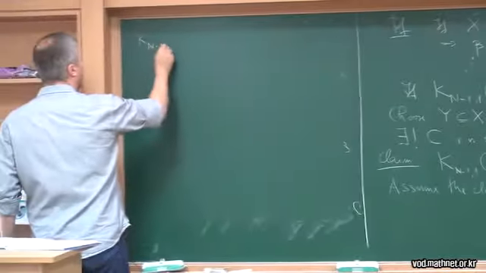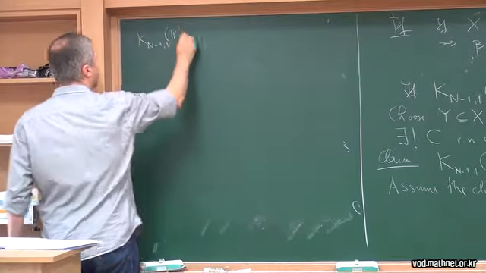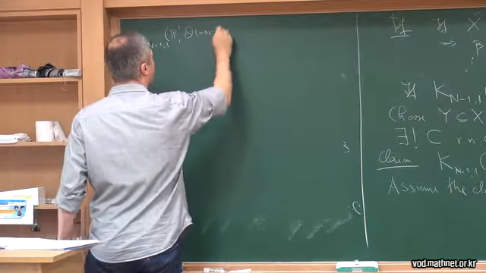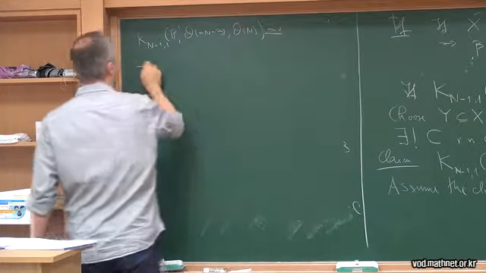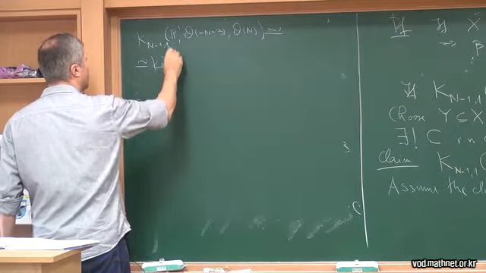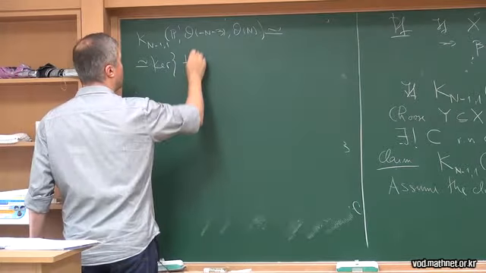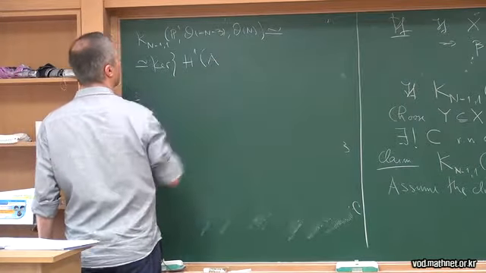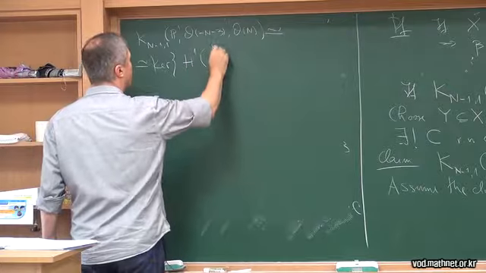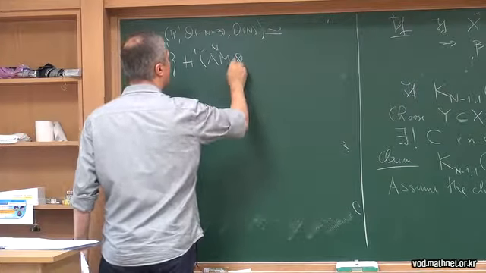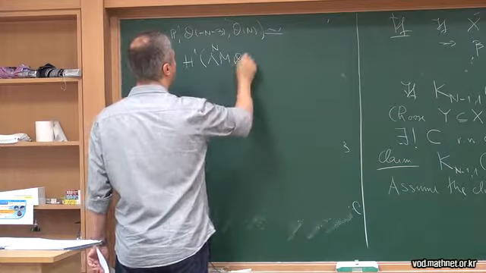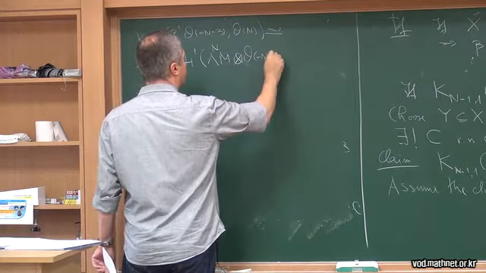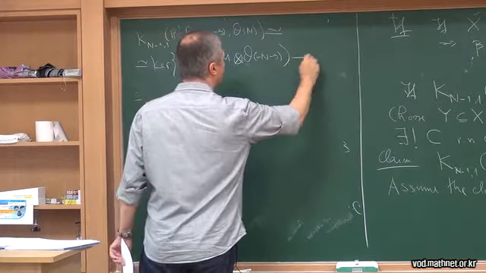Now K_{n-1,1} of P1, O(-n-3), O(n) was isomorphic to the kernel of a map from H1 of wedge n M tensor O(-n-3) to something.